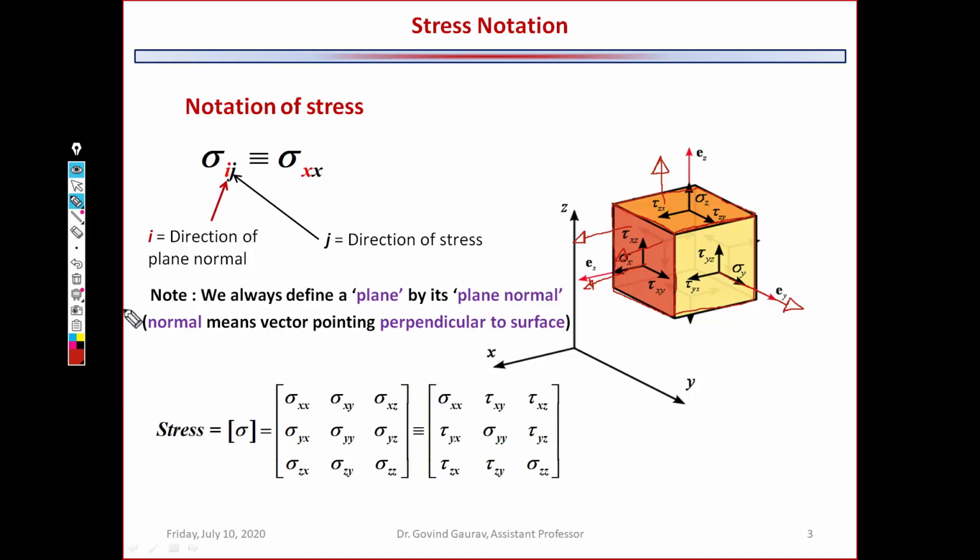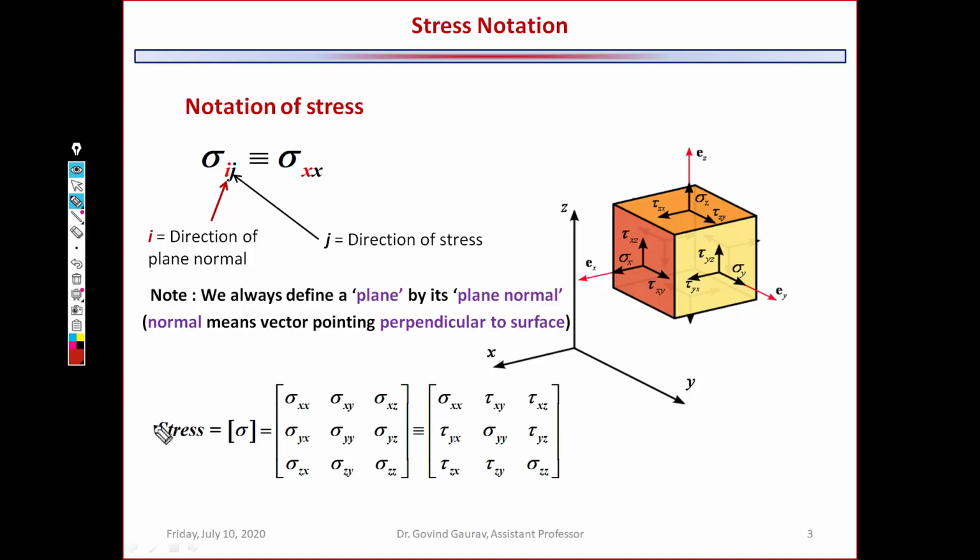Again, this small element is very small because we are always interested in finding the stress at a particular point. That point has to be very small. That's why the small element we have chosen is very small. This means that delta x, delta y and delta z, the element we have chosen, are very small.